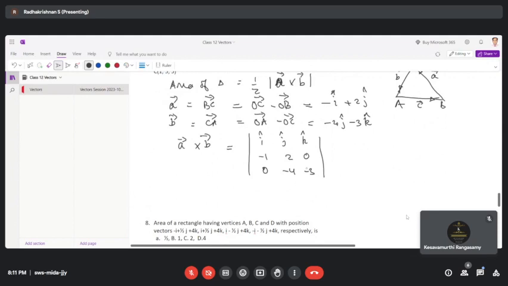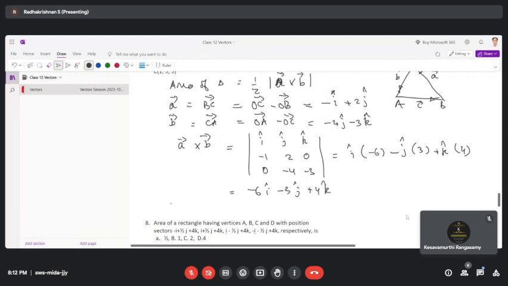Okay, let's calculate this. A cross B is minus 6I minus 3J plus 4K.